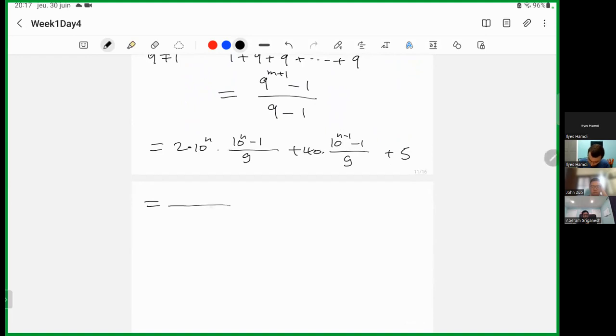Okay, the 1 over 9, I can just put it on the side. And then I have 2, 10 to the n plus n, so 2n, minus 10 to the n. Oh, sorry, it has a 2. What can I do with this 2? Should I keep it out? Let's put it here for the moment.